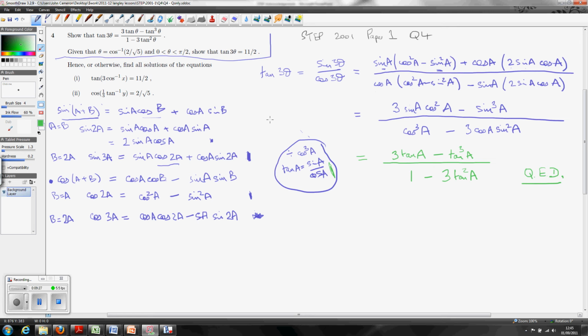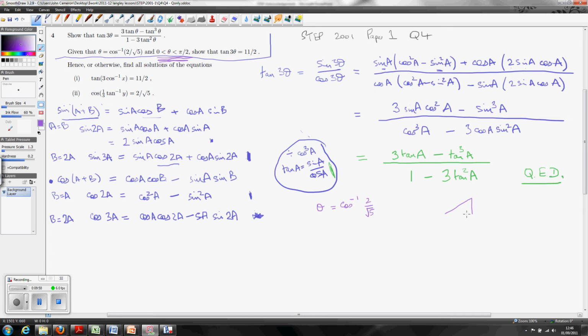Okay, so let's just go on to the next part here. I will change color. Let's see if we can get a purplish color here. And now we're trying to find, we're given that theta is equal to cos to the minus 1 of 2 over root 5. We're also given over here that theta is between 0 and pi over 2, not at 90 degrees.